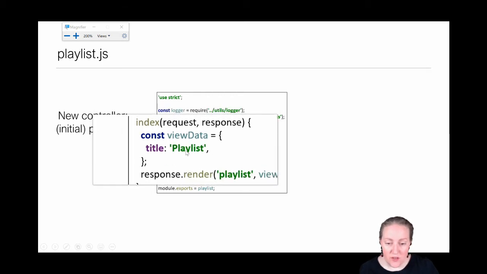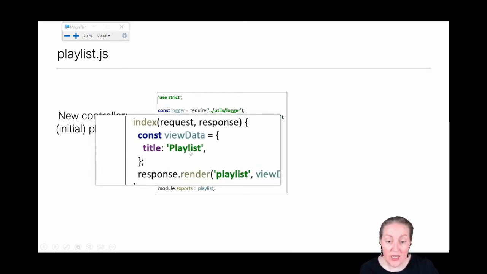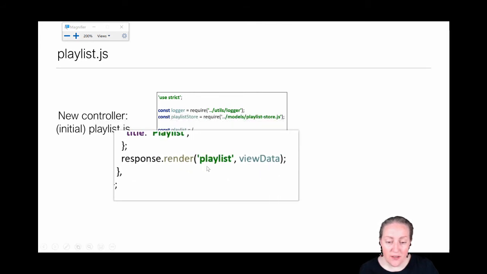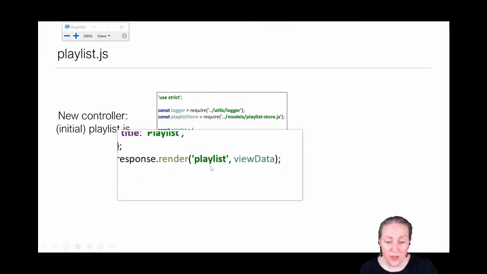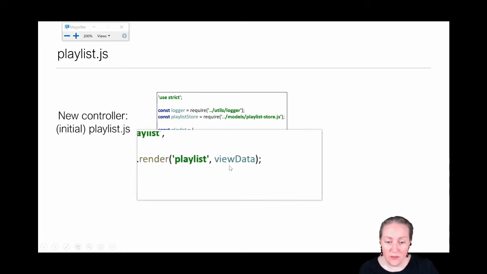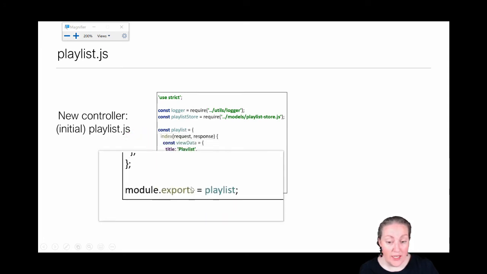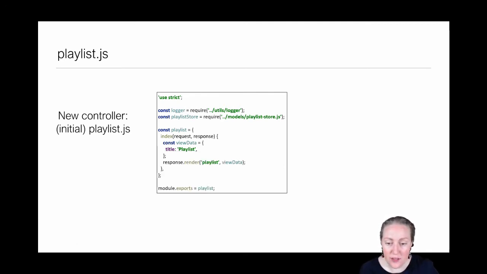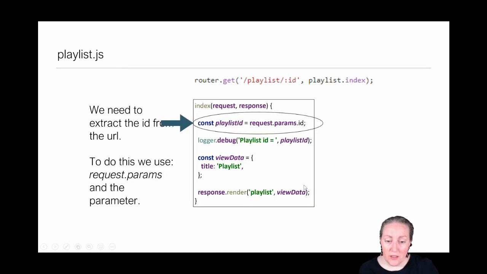In this case, it's just the title so far, but we'll be adding the playlist in a second. And lastly, we're rendering it to the playlist view and passing through the view data object, and we're exporting the playlist controller as well so that it can be used in the router and in other places too.